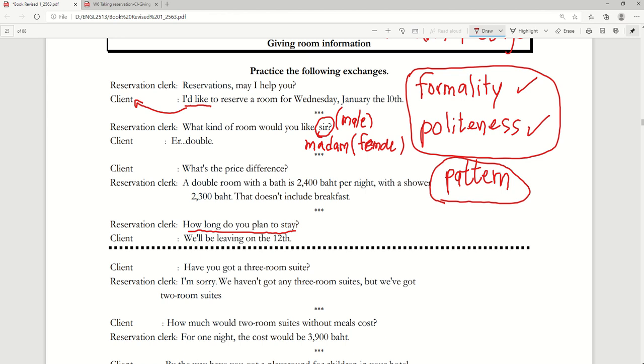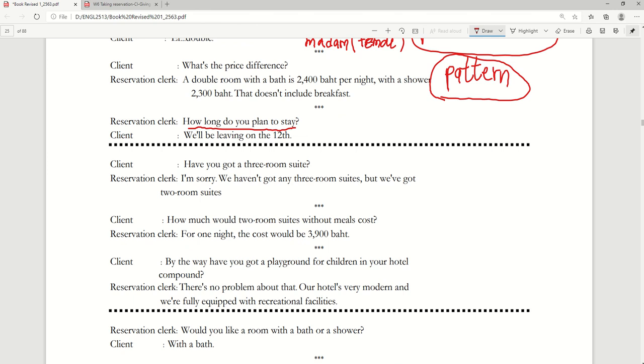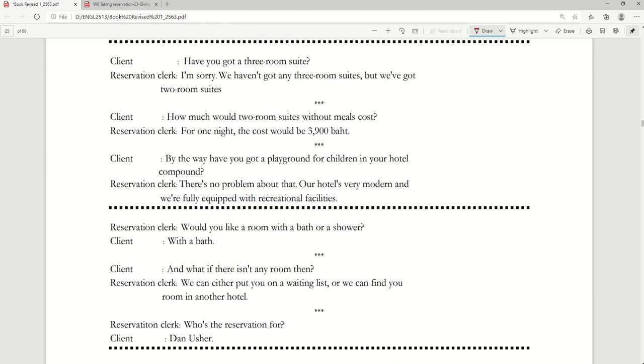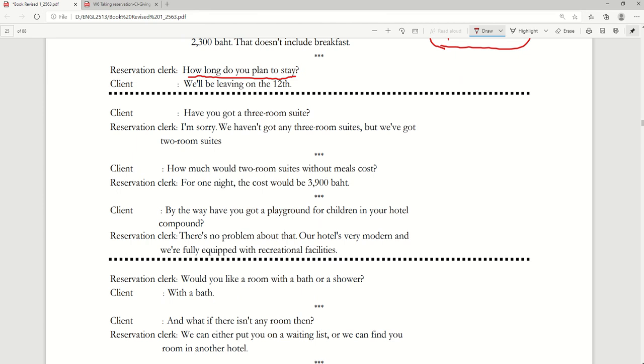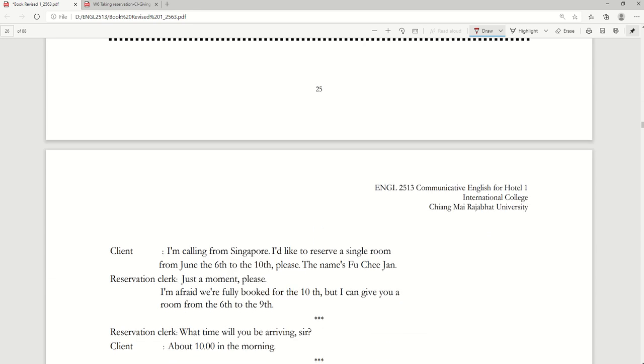But you cannot say, how many days will you stay? That is not polite. I mean, it is not beautiful. Or you can also ask, how long will you be staying?